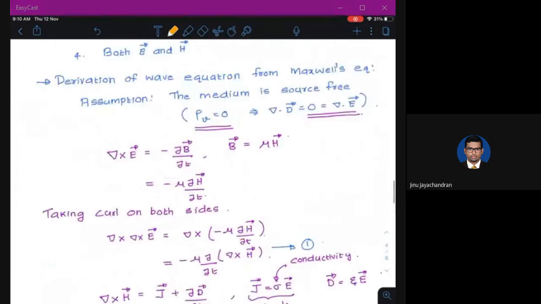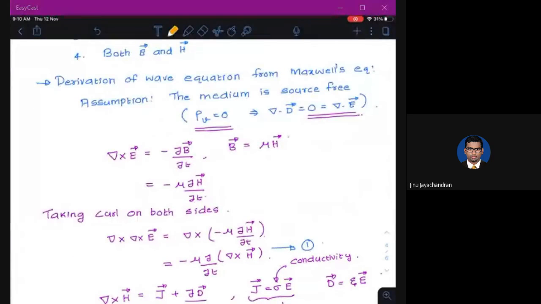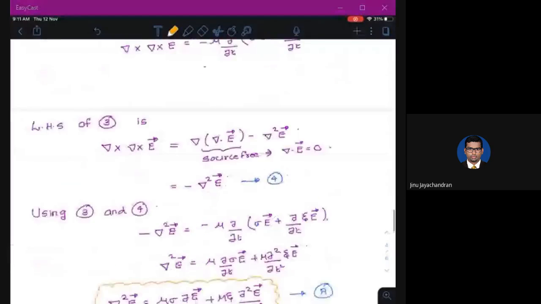That means here itself, you can start with the point form saying that this is del cross E is equal to minus j omega mu into h. You can start it from here, okay? And then you can continue, and you will also reach the same equation.